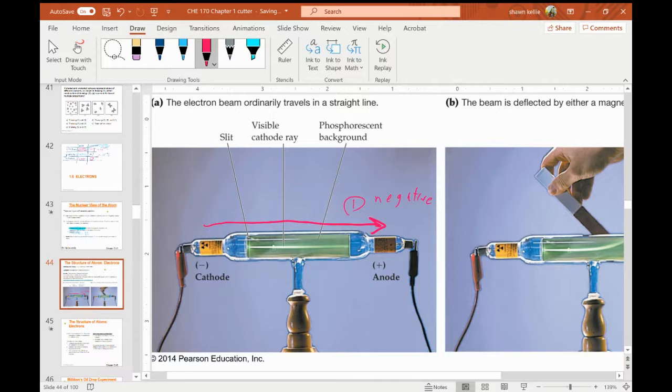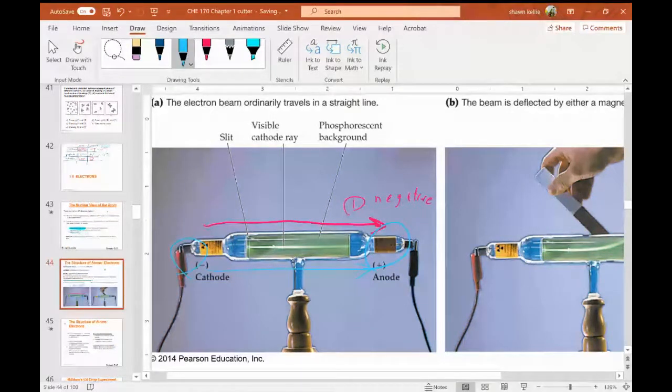What if I keep changing out this electrode material? Does it affect the behavior of these cathode rays? And what it turned out is that no matter what material he made these electrodes of, the rays always behaved the same. They always went from negative to positive, and they were always present.